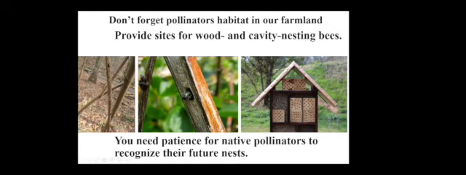If you make this, don't expect to have pollinators the same year. Sometimes they require one or two years to recognize that it's a good location for a nest site. So you need to be patient.